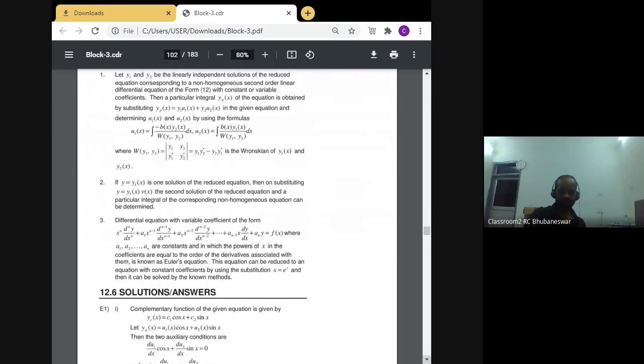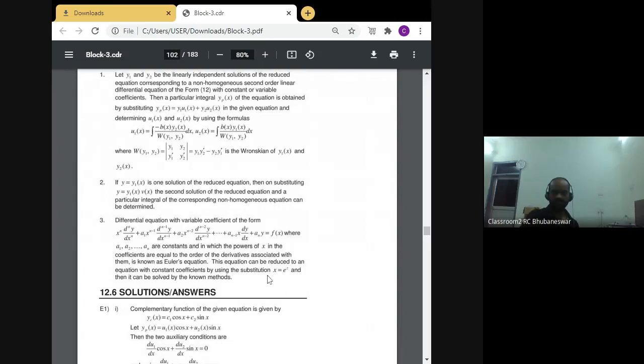Whenever there is such a question, we first have to find one solution of the differential equation. It may be y1. Once we know one solution, the second solution can be expressed in terms of y1 with an integral in dx. The solution procedure and the general procedure were discussed earlier with some examples.